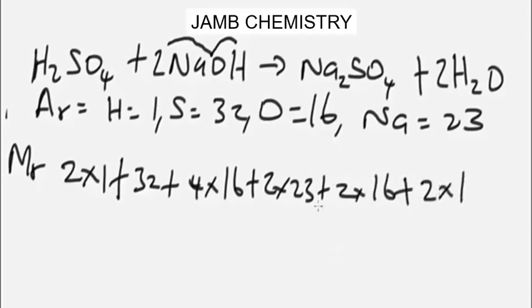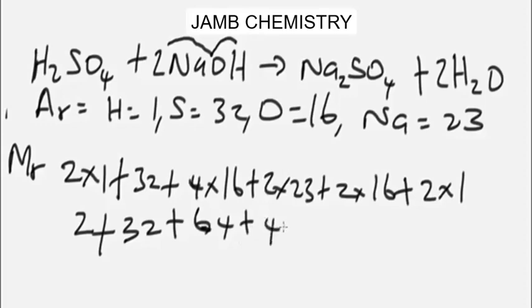Now when you break this down, I'm going to have 2 times 1, that's 2, plus 32, plus 16 times 4 is going to give us 64, plus 23 times 2 is going to give us 46, plus 16 times 2 is going to give us 32 plus 2.